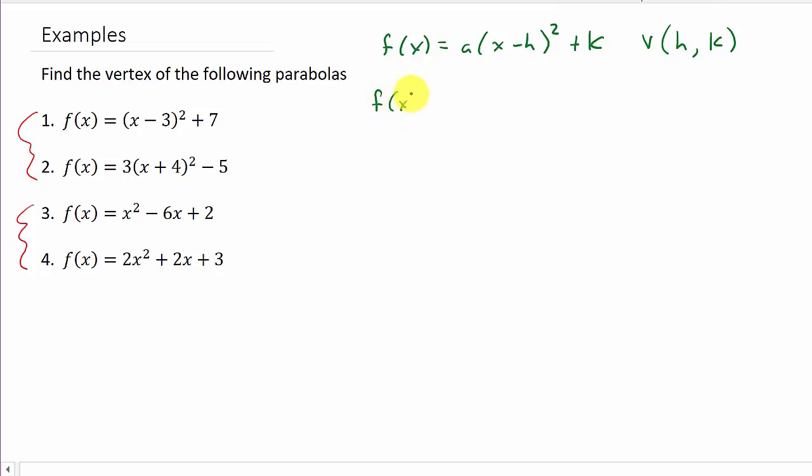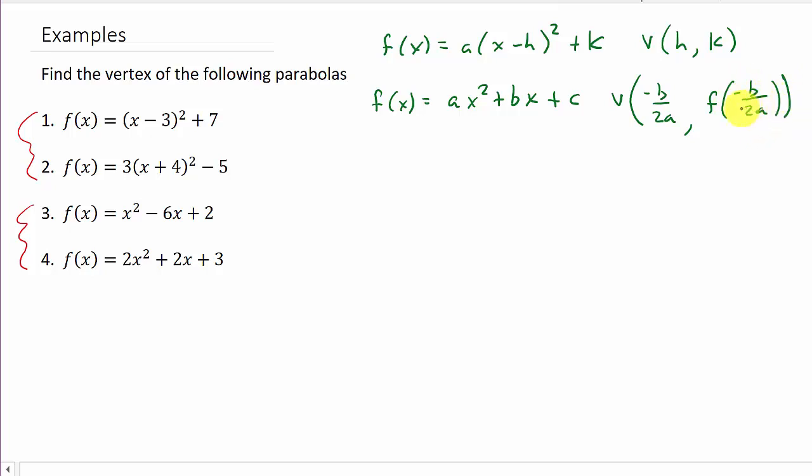And if your parabola is in the form ax squared plus bx plus c, then your vertex, the x coordinate, is minus b over 2a, and the y coordinate is f of minus b over 2a. Okay?